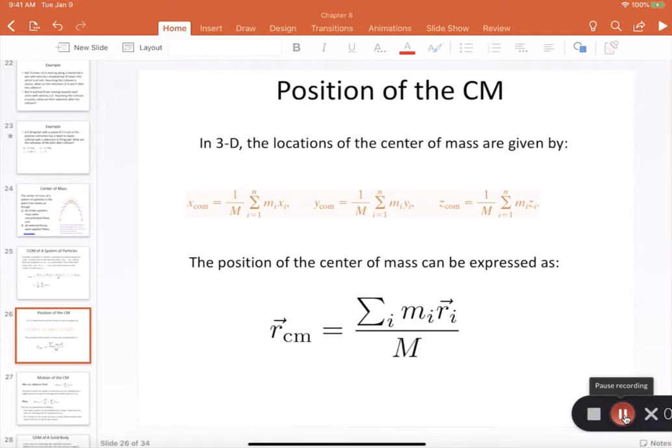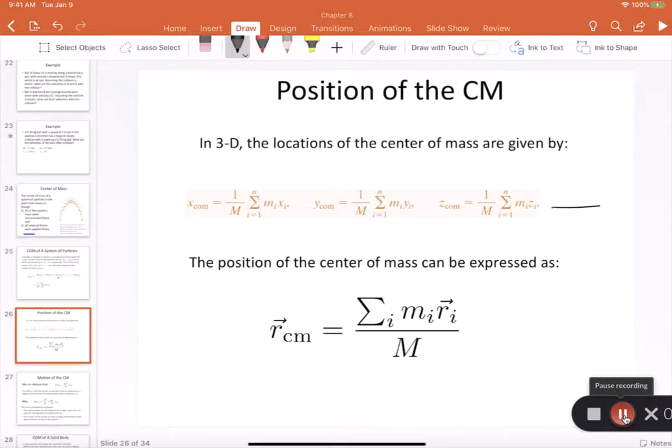These point masses have masses m1, m2, m3, and so on, and they're located at positions x1, y1, z1, x2, y2, z2, x3, y3, z3, and so on. If you have a bunch of point masses, you know what their masses are, and you know their positions, then you can use these three formulas to find the x, y, and z coordinates of the center of mass.